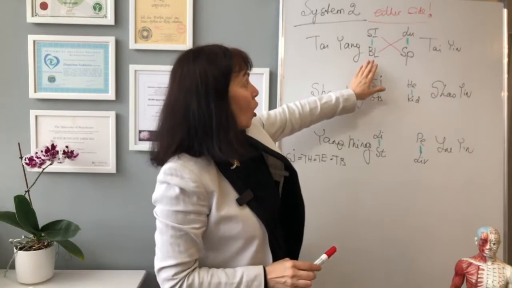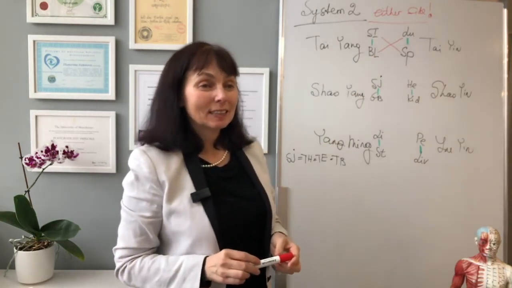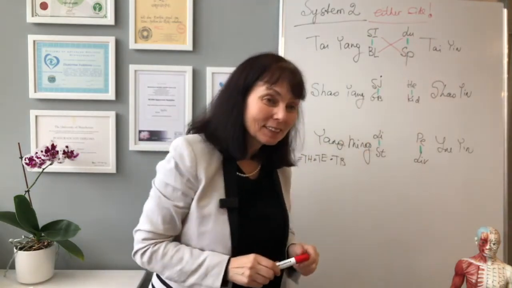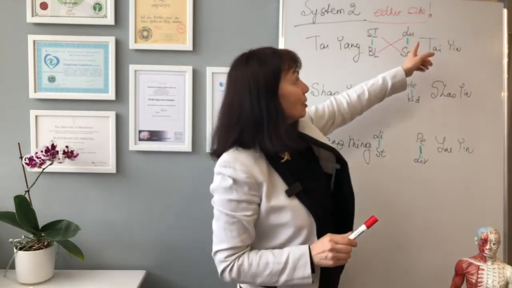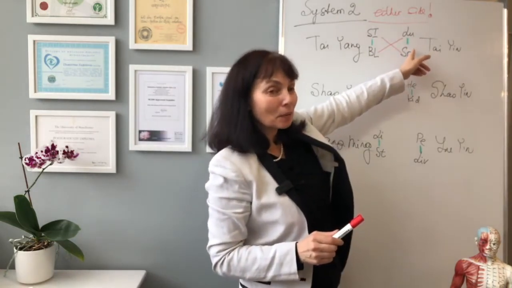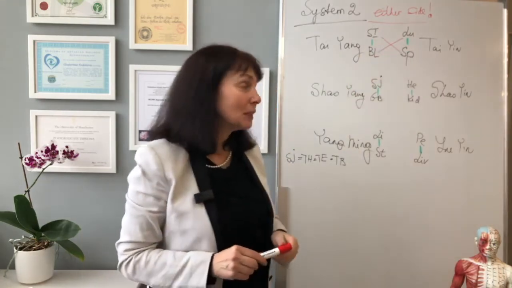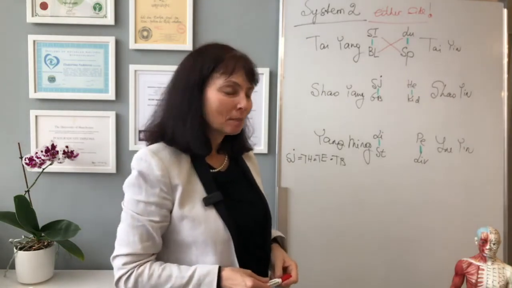And let's see how many points are on the bladder meridian. 67. And how many points are on the lung meridian? 11. So look, 11 points on the lung meridian will treat the whole 67 points on the bladder meridian. The whole body will be treated.